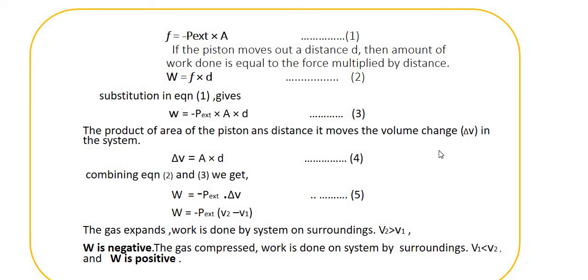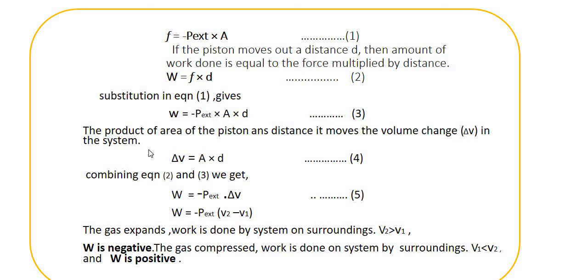If the piston moves out a distance d, the amount of work is equal to the force multiplied by distance, so W is equal to F into d. This is equation 2. Substituting the value of F from equation 1 in equation 2, W is equal to minus P external into A into d.